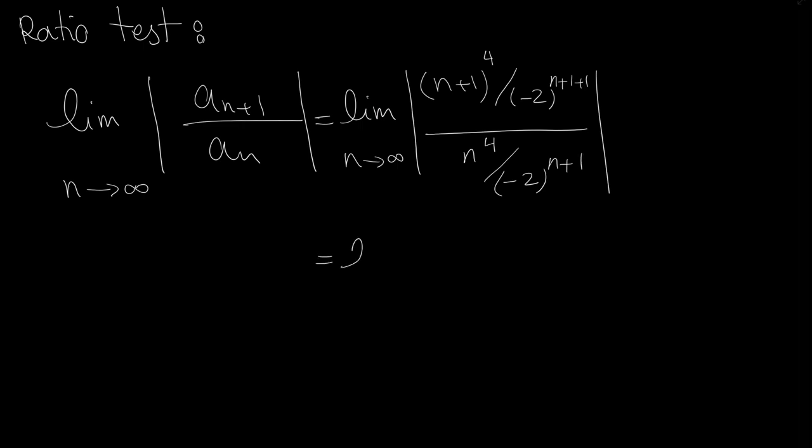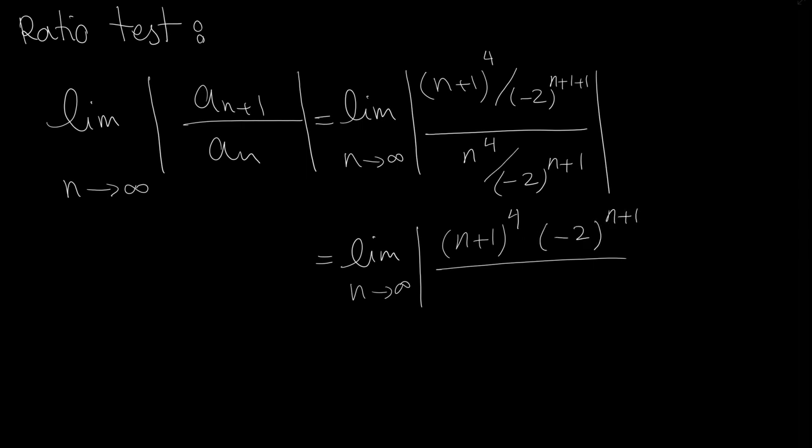You may want to rewrite it as the numerator times the reciprocal of the denominator. Let me do that. So we have (n+1)^4 in the numerator and (-2)^(n+1) in the numerator, and in the denominator we have n^4 and (-2)^(n+2).